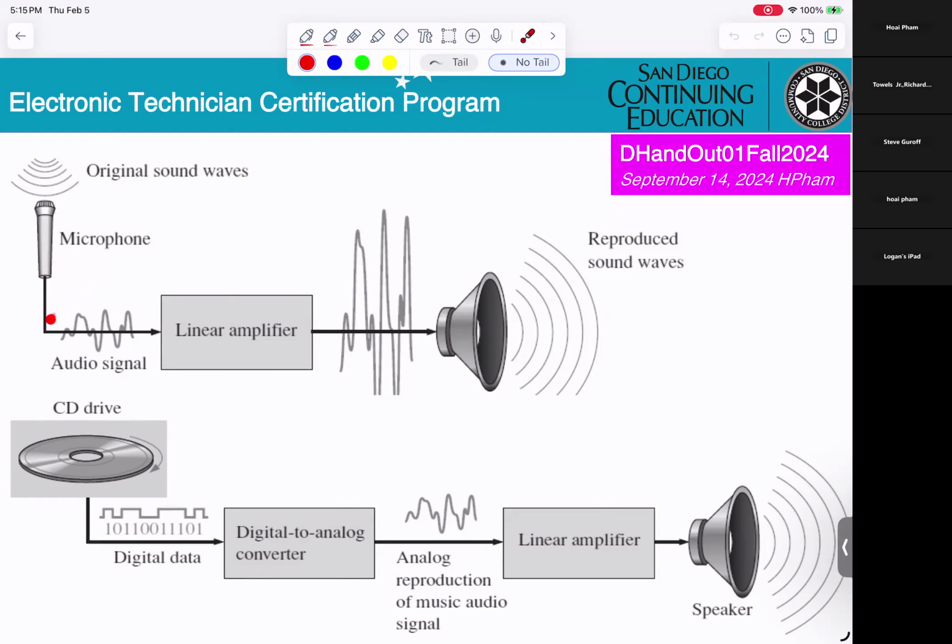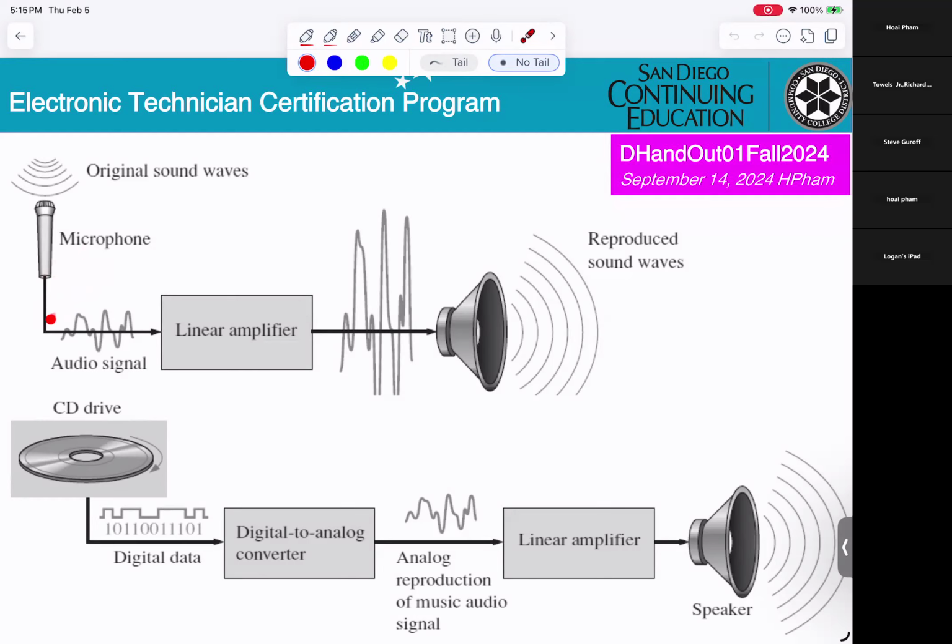So when it goes through the system, they have to get the device they call a digital to analog converter.